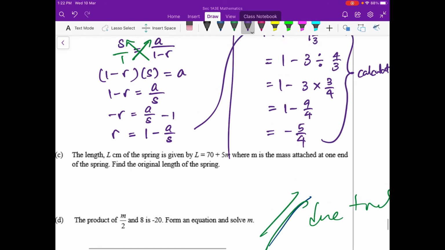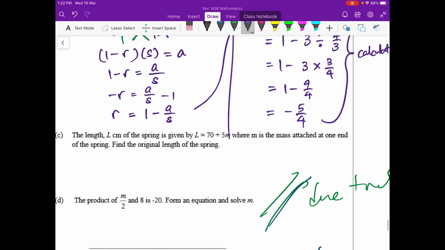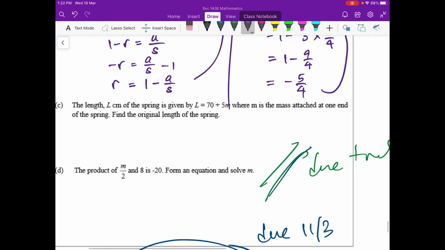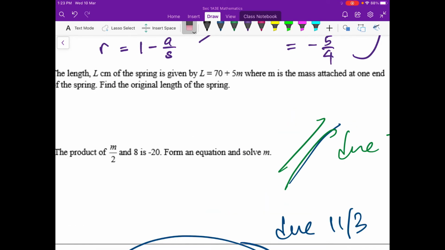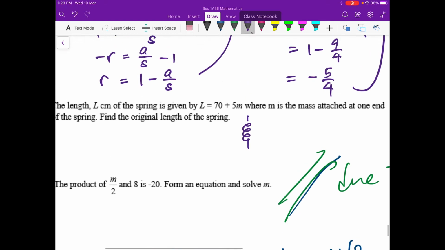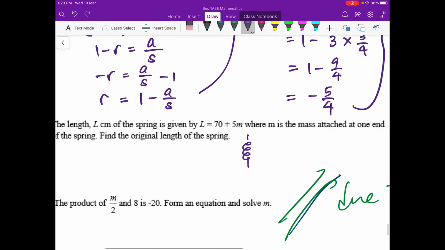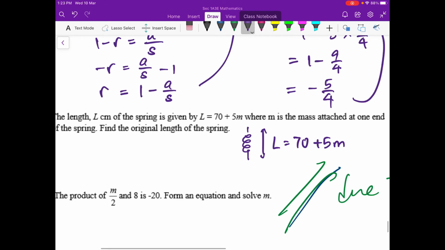Next, length of the spring. It is given by L equals to 70 plus 5M. So imagine a spring. Over here, the length is given by L equals to 70 plus 5M, where M is the mass attached.